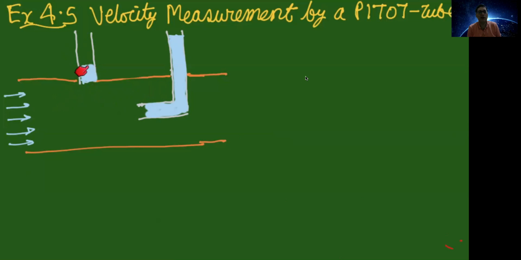Now the level of rise in this tube and in this tube, you see a difference. There is a larger rise in this case, because if you consider a streamline as shown here, this streamline we are considering along the center line of the pipe, where the velocity is uc.